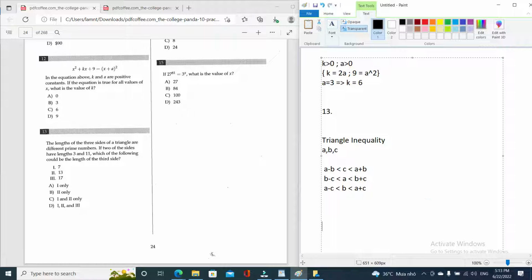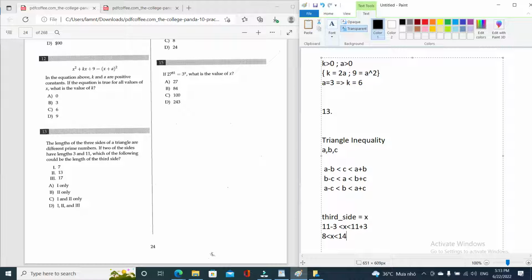With this notion, let's call the third side X. We know that X is going to be between 11 minus 3 and 11 plus 3. That means 8 is smaller than X and X is smaller than 14.